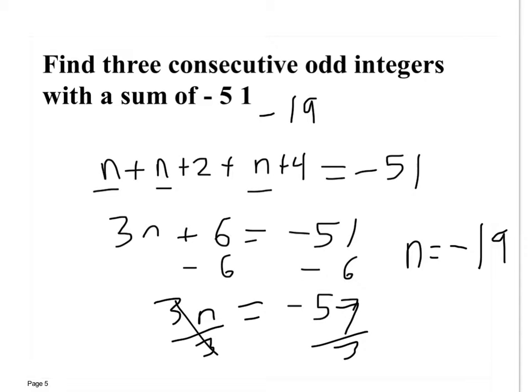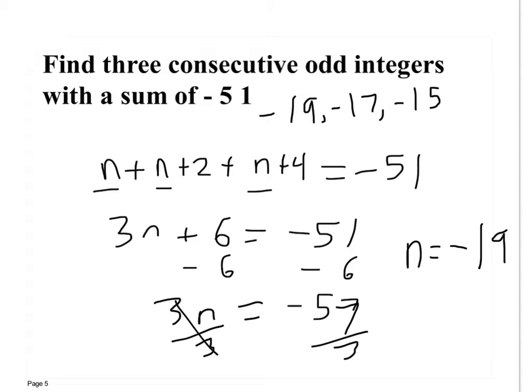What would be my next consecutive odd integer? Negative 17. And then what would be my next consecutive odd integer? Negative 15. What we need to do is add those up and make sure it equals negative 51. Check your answer.